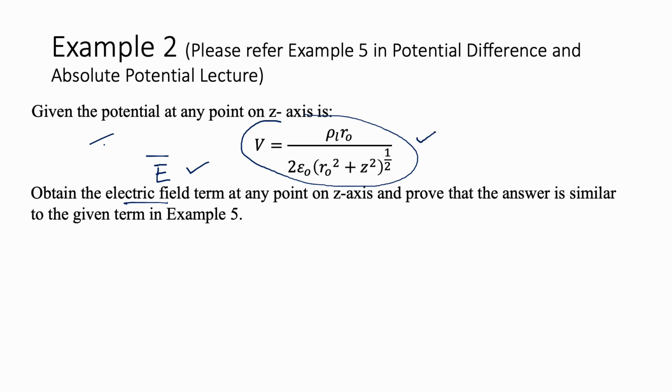We need to obtain the E field at any point on the z-axis and prove that the answer is similar to the one given in example number 5, which is in our previous lecture note.